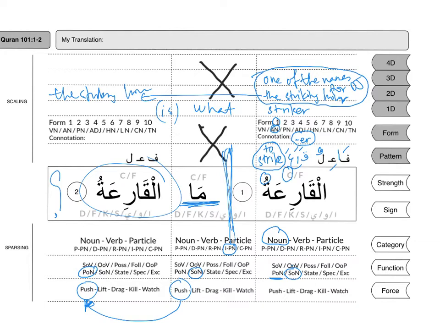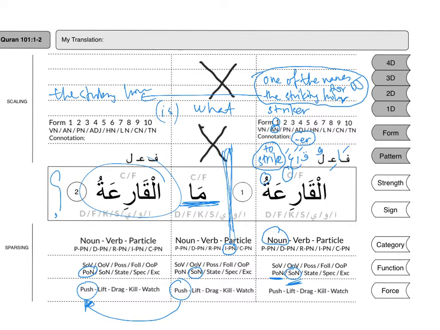Okay, so now let's get back to al-qari'ah, because al-qari'ah needs a predicate of nominal. There are a few ways to do this, which is a bit complex. I'll just introduce to you a simple way. You just assume a predicate.